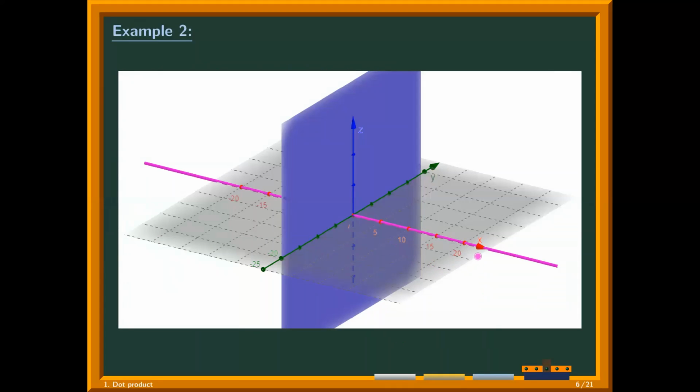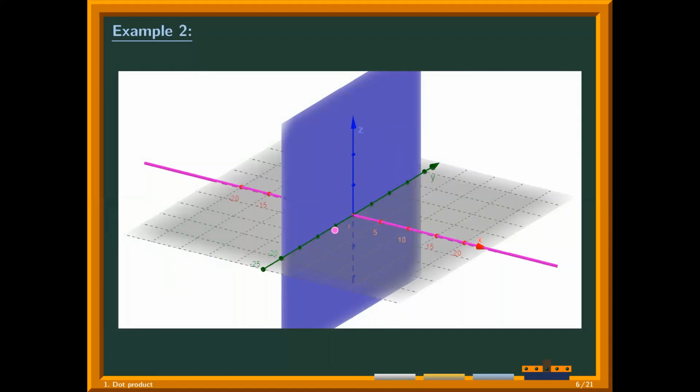So here's a picture of that situation. This line is the x-axis. This is the y-axis. This is the z-axis. The YZ plane is this purple plane.